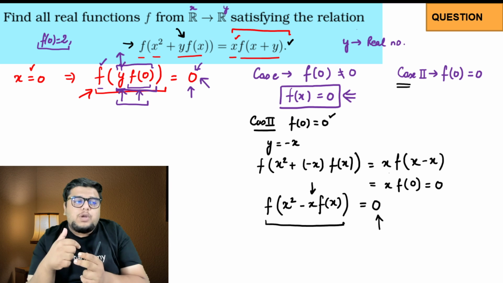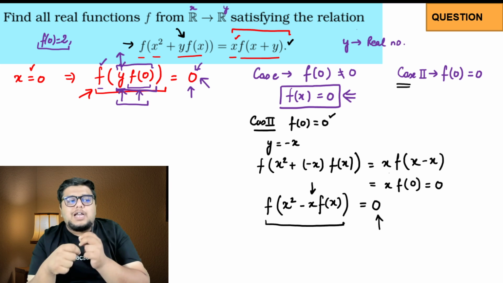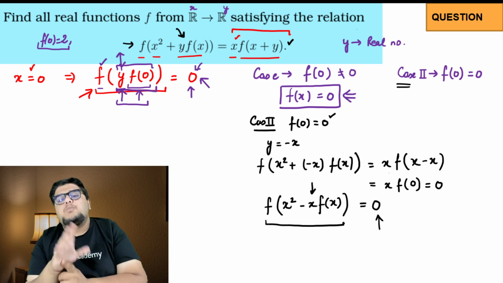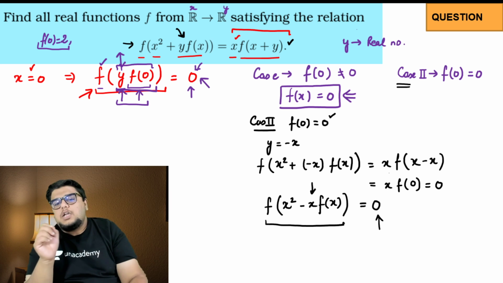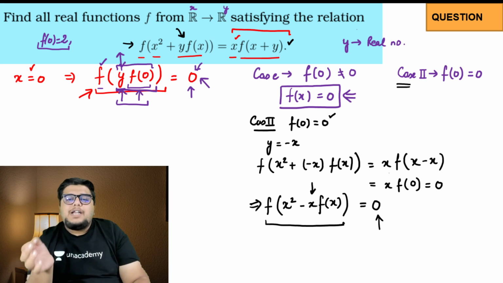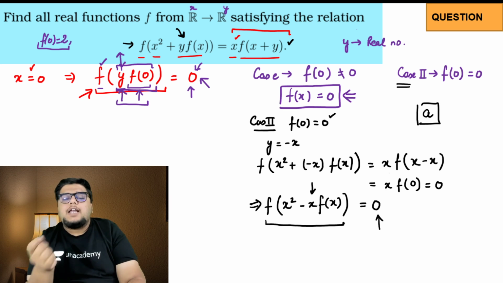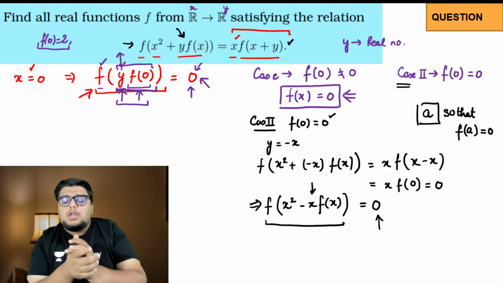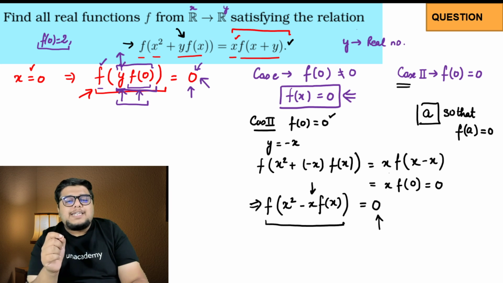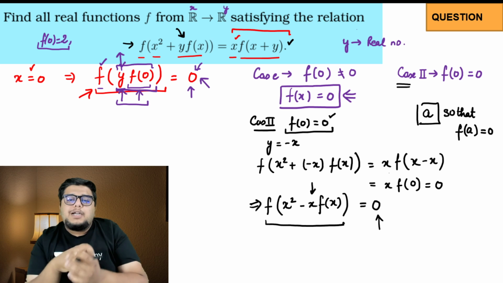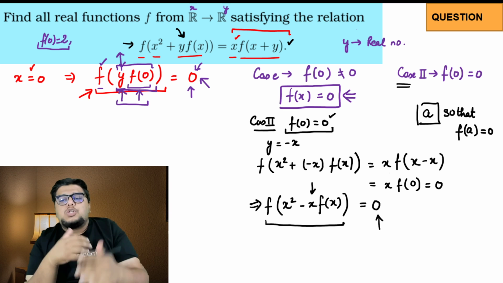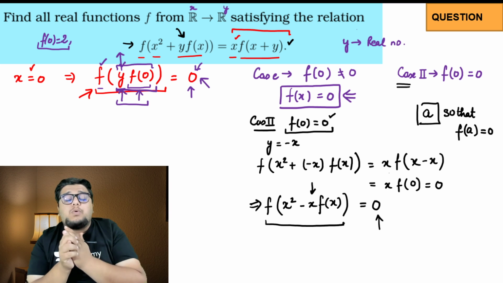So for that, to simplify this further, I will assume there is one more number. Let's take a number a so that f of a is equal to 0. The case 2 was already saying that f of 0 is 0, but now I am also taking a possibility that there is a number a so that f of a is also equal to 0.